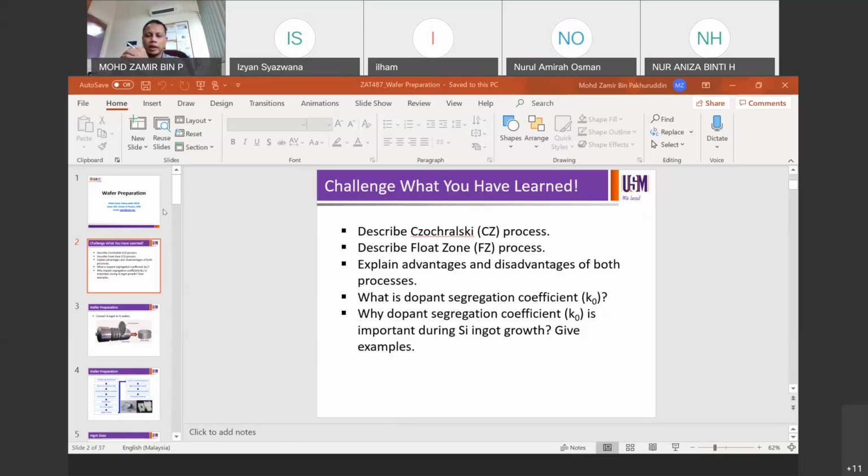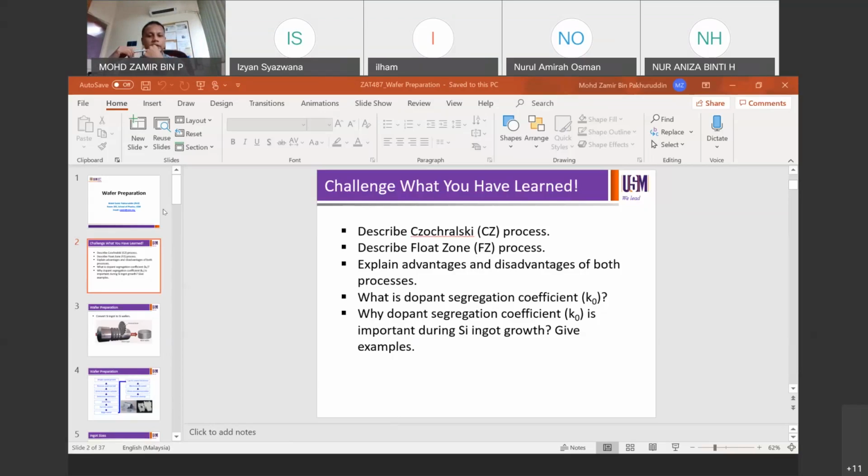Float zone uses RF coil for the zone melting crystallization process. So due to the non-contact nature of float zone, you also minimize the concentration of oxygen and carbon. Okay.